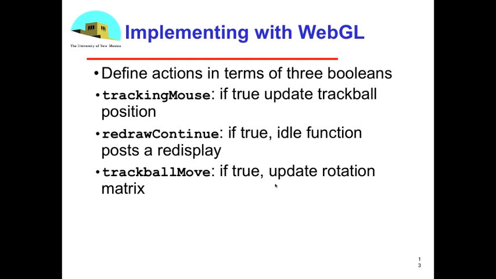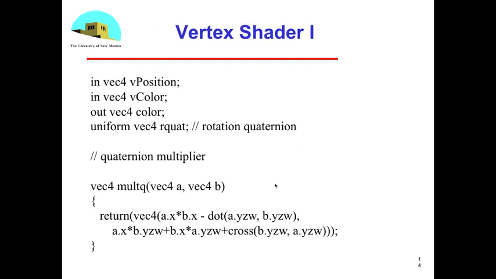So let me finish up by showing you one or two slides that I happen to have. This shows you how simple a quaternion shader is. As I said last time, you can have functions in your program object in addition to the two mains for the vertex shader and the fragment shader.